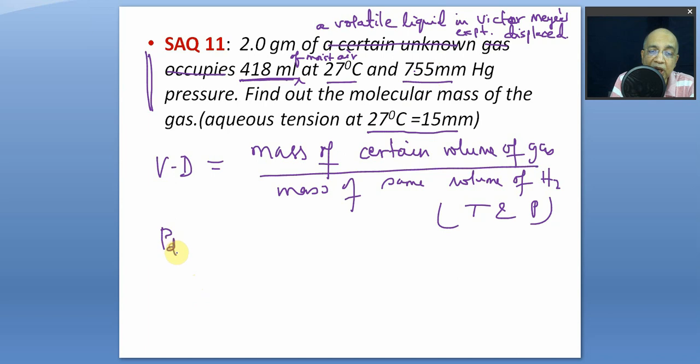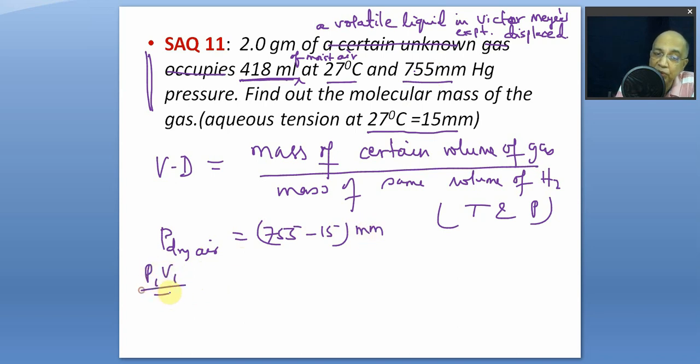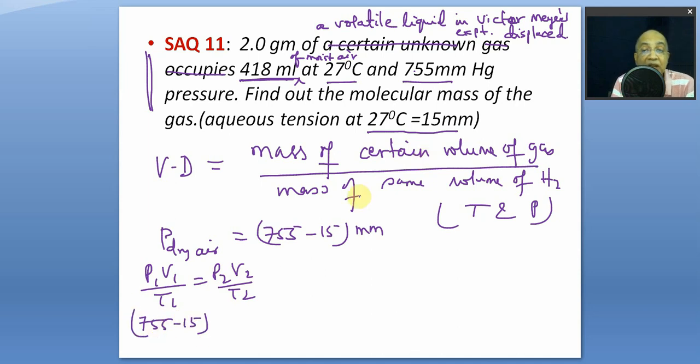So the pressure of the dry air is equal to 755 minus 15 millimeters. The air is coming via water, so it is carrying some water vapor. We don't need that, so we have to remove it.